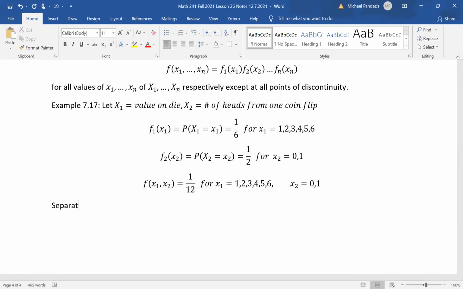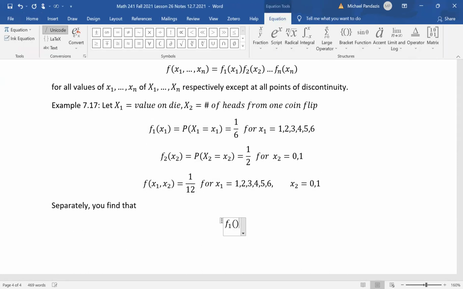Separately, you find that f sub 1 of x1 times f sub 2 of x2 is equal to 1/6 times 1/2, which is equal to 1/12.